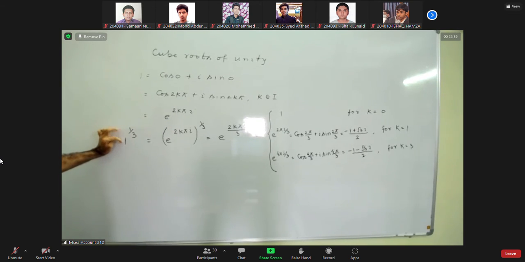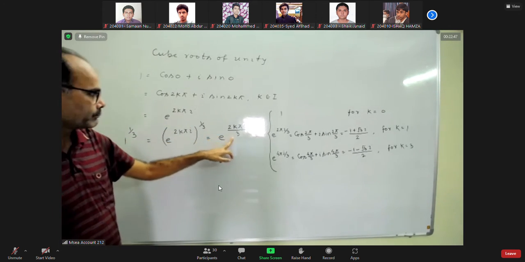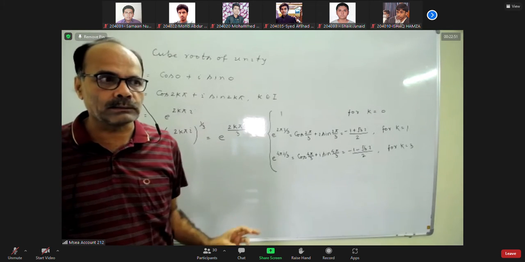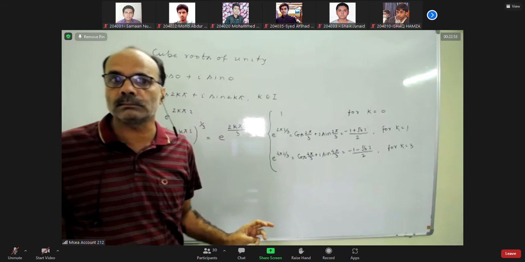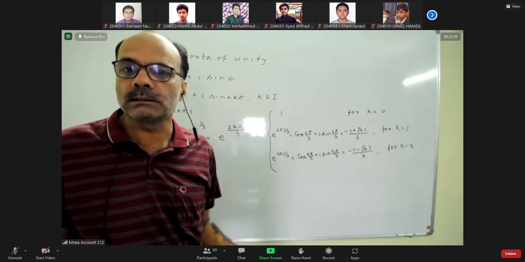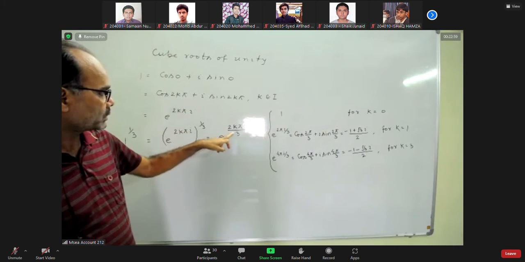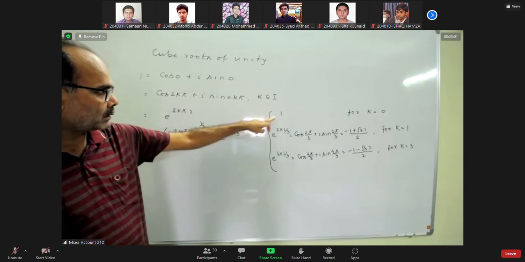We are looking for cube roots of 1, that is 1 to the power 1 by 3. So this to the power 1 by 3, this. Now, if you put any 3 consecutive integral values of k, suppose k equal to 0, this becomes 1.